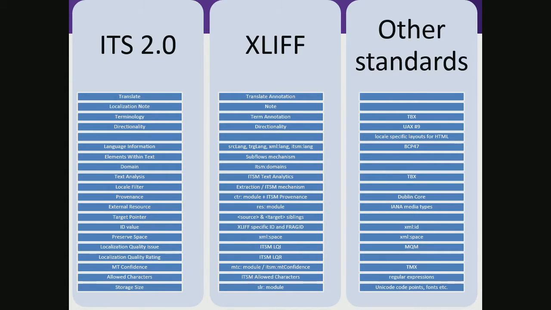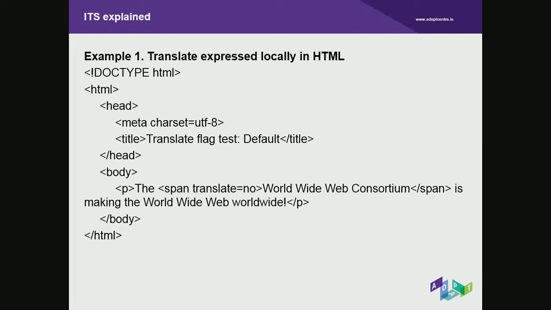You can see that they have all been mapped into XLIFF and ITS, so they represent the data categories. The basic idea of ITS is to be easily injected into other vocabularies. It has also been adopted by HTML, so you can have your HTML files already enriched with ITS metadata.